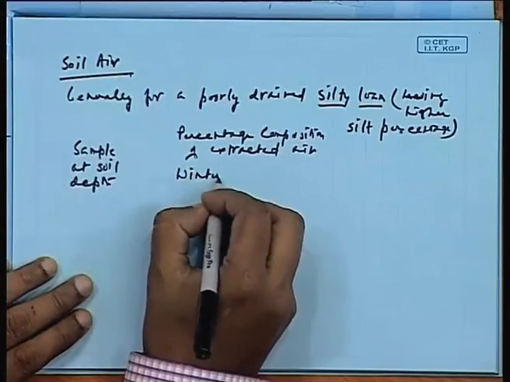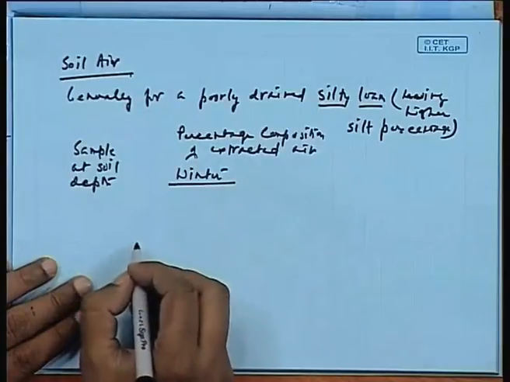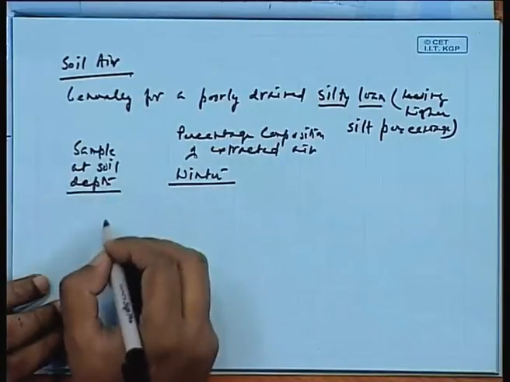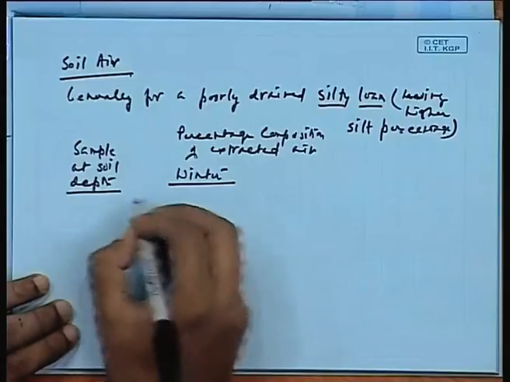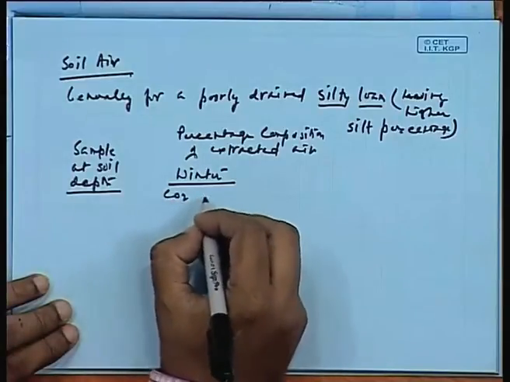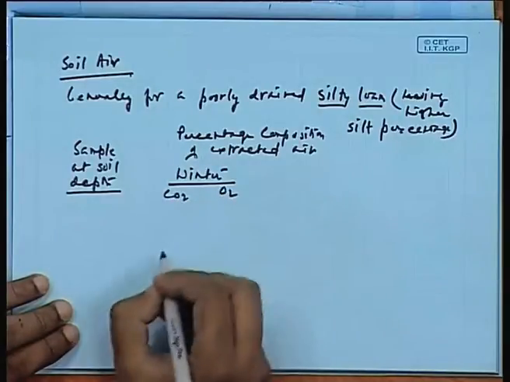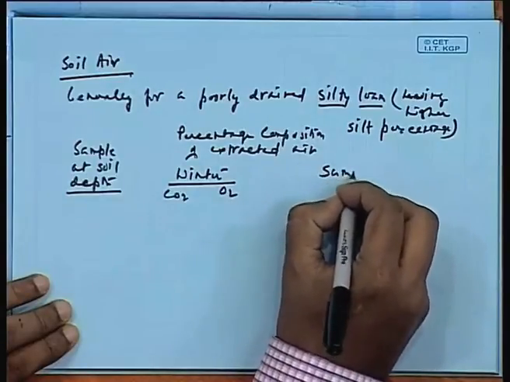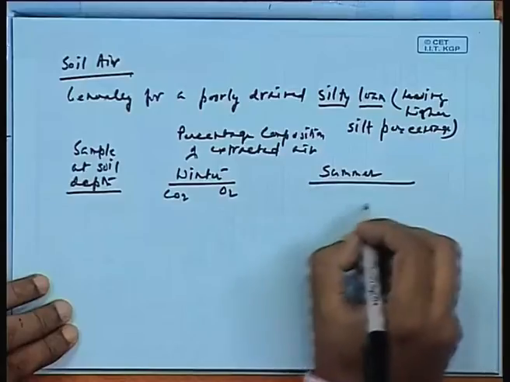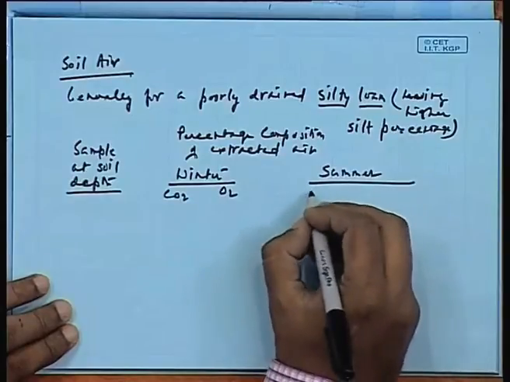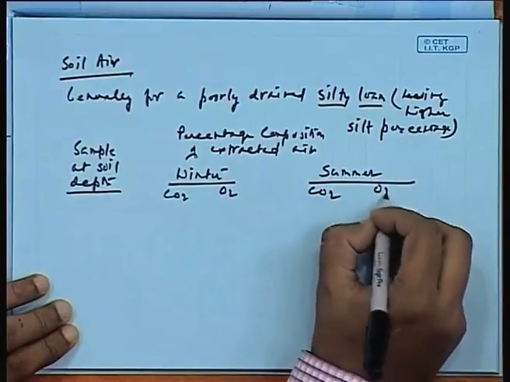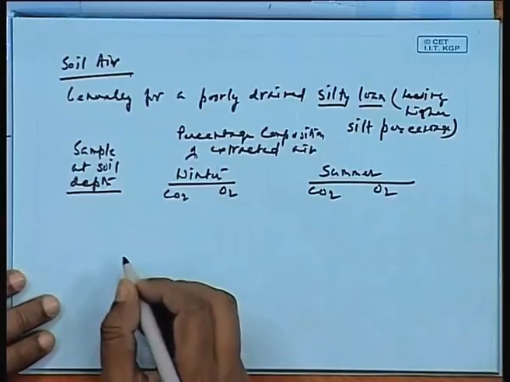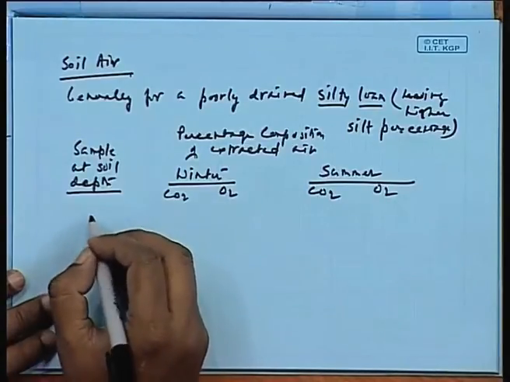Generally in winter, if you see carbon dioxide and oxygen, and in summer, we see CO2 and oxygen, you see the concentration at different levels.